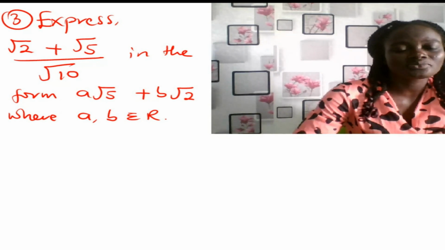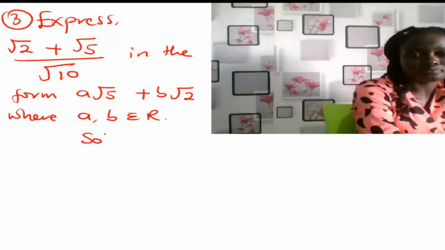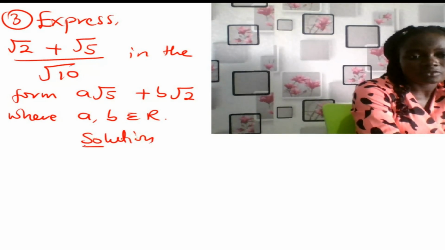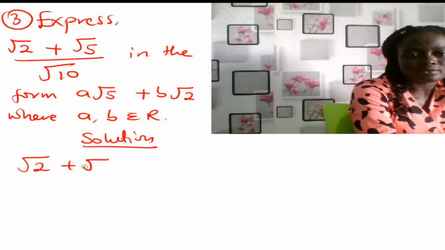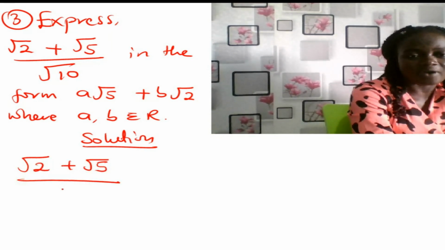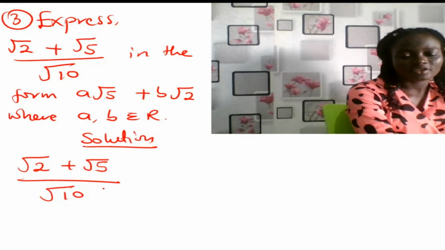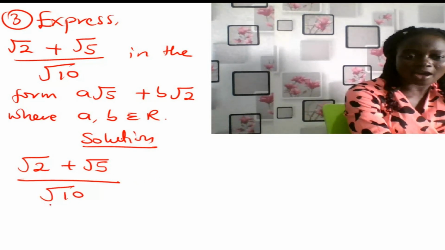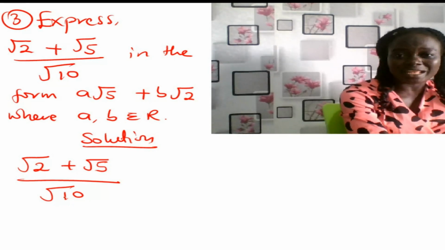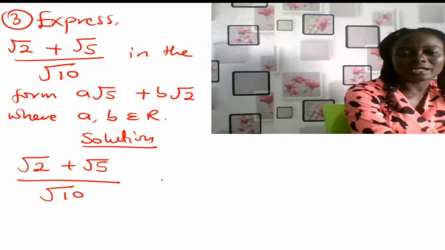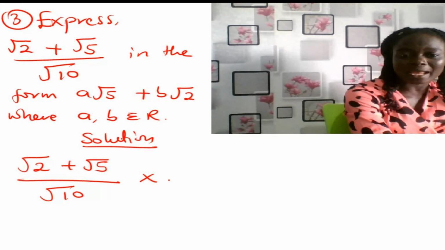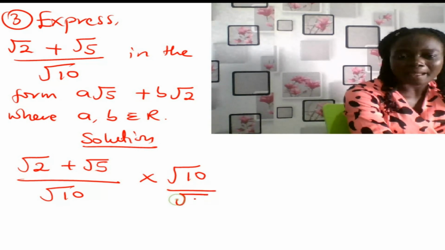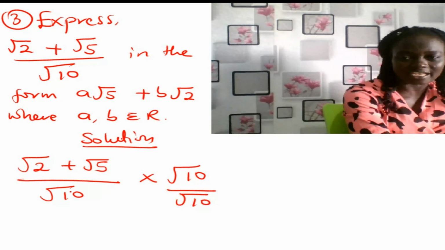Take note. So for this question, the question is root 2 plus root 5 over root 10. Since you have a root number as the denominator, you multiply both the numerator and the denominator by root 10.